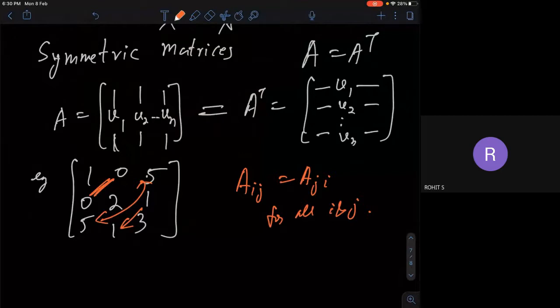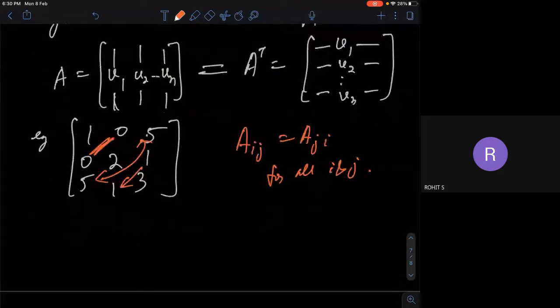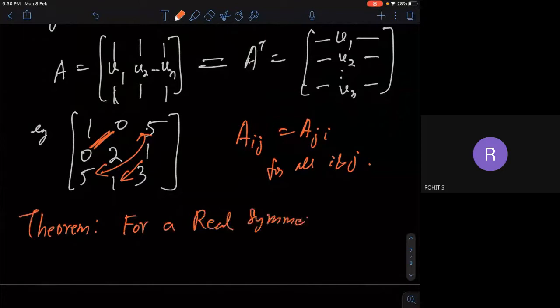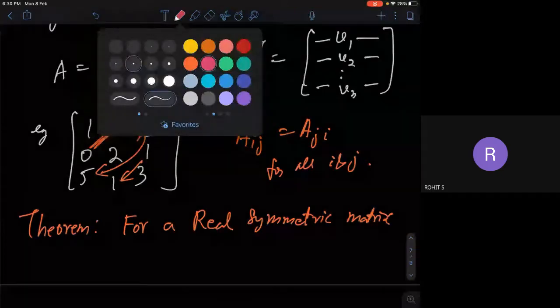And here's an important theorem for real symmetric matrices. The crucial thing is that it's a real symmetric matrix.